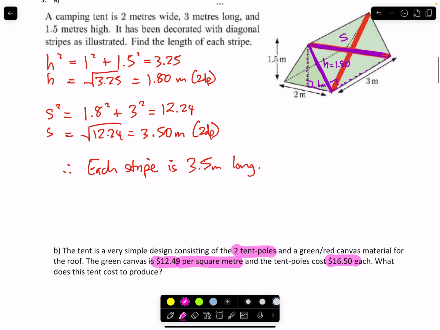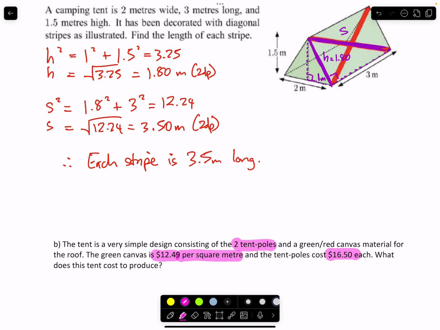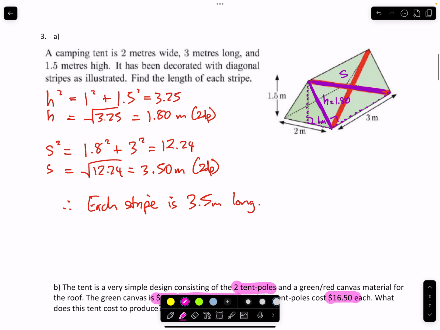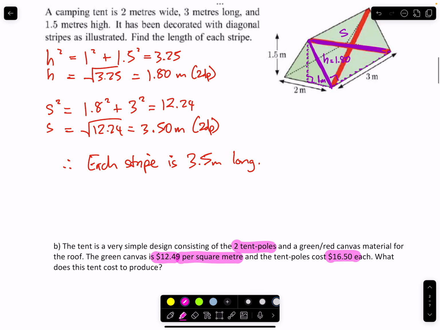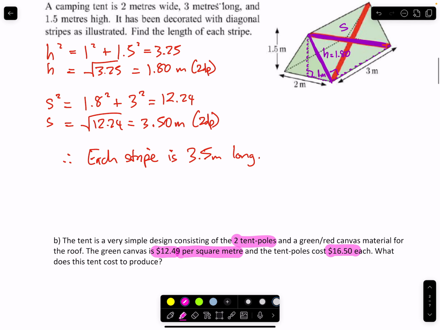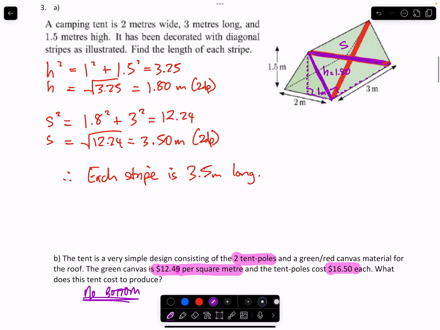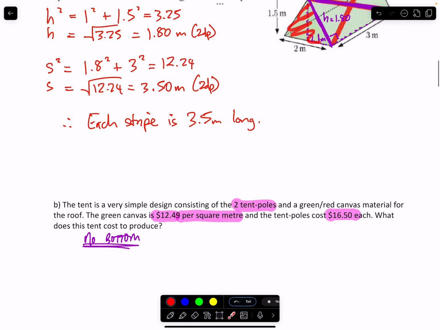So we have 2 rectangles and 2 triangles at the end. We're going to assume that there's no bottom. Well, let's do it both ways. We'll do the no bottom first. So we have 2 triangles on either side to cover that up.